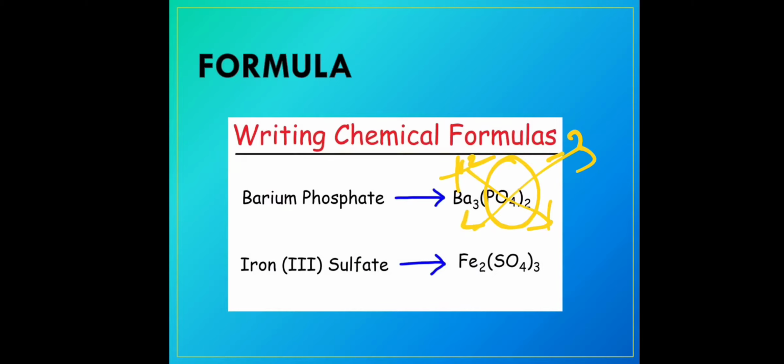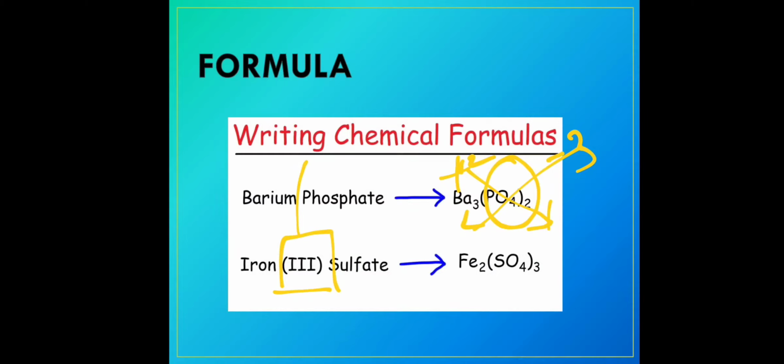Similarly, iron 3 sulfate. When we write the name of the compound, we write iron(III) sulfate. This 3 is written in Roman numerals. What does this mean? It means that iron's valency is 3. But then why have we not written it for barium here? We have not written it for barium because barium has only one valency, which is 2.